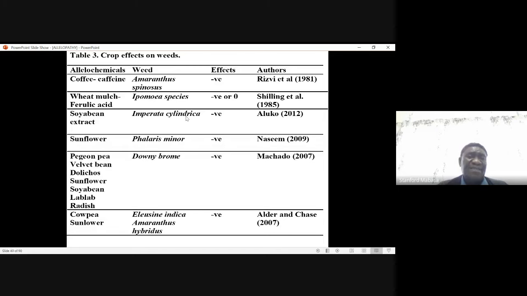In some places, sunflower was suppressing Phalaris minor. There are actually some farmers who think that if you grow sunflower in a field, it tends to suppress weeds.